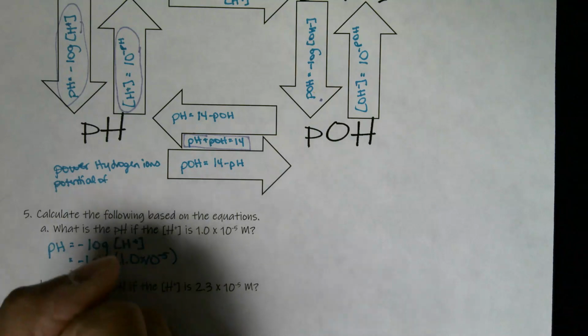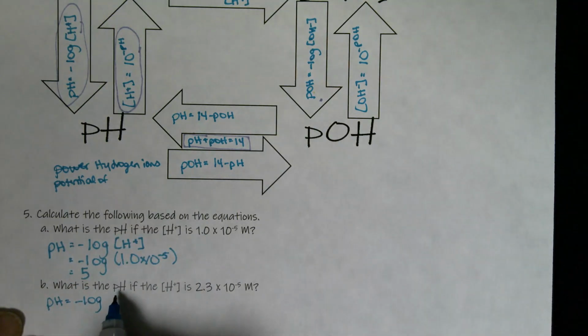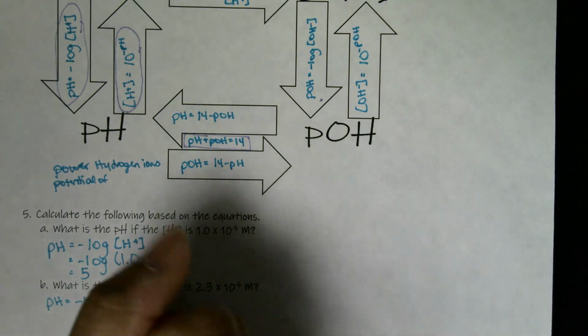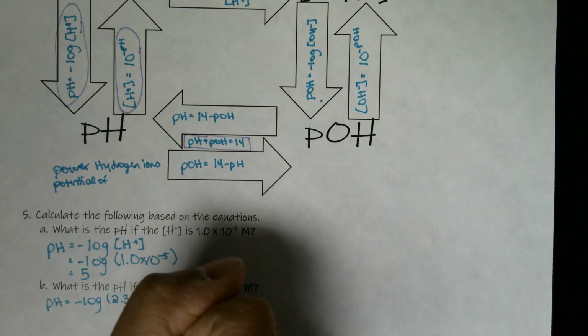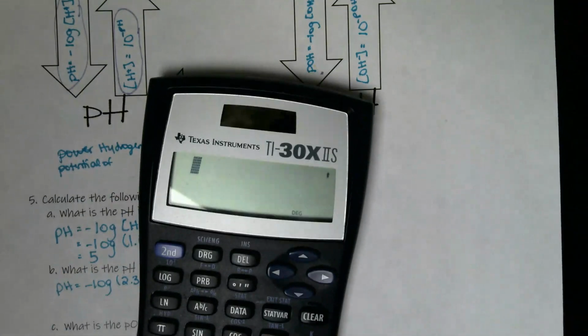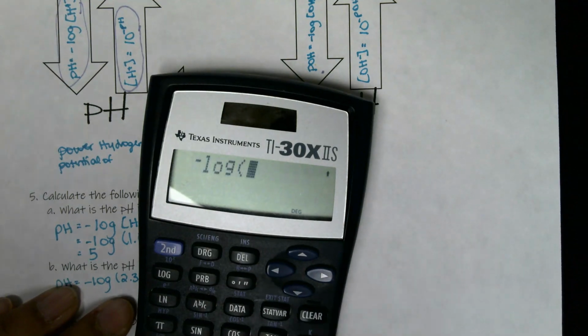So doing B, sorry, we have to find pH. We're given H plus, so pH is equal to the negative log of 2.3 times 10 to the negative 5th. This one we would have to put in our calculators because it's not a base number of 1.0.